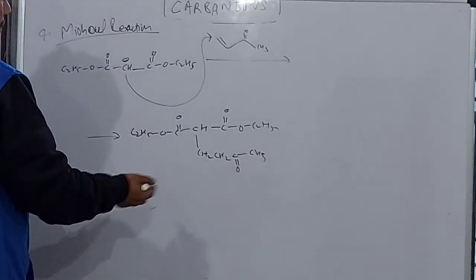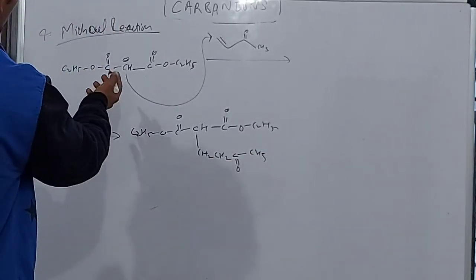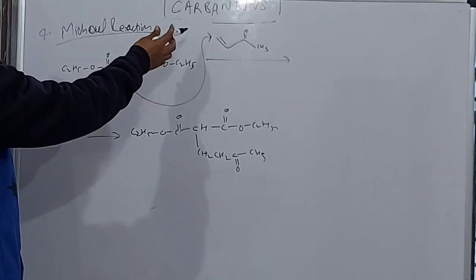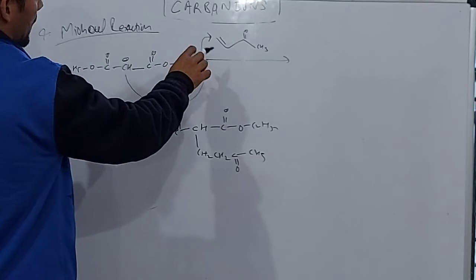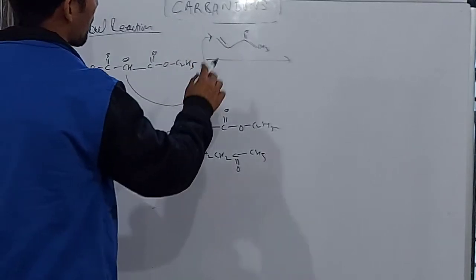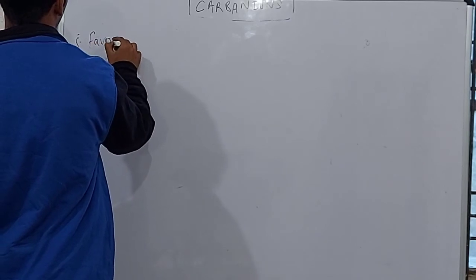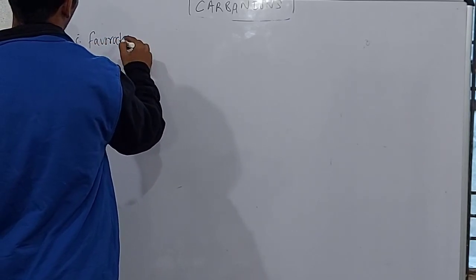So this is the Michael reaction, in which there is addition between a carbanion and an alpha beta unsaturated carbonyl group. So yeah. Next reaction is the Favorskii rearrangement.